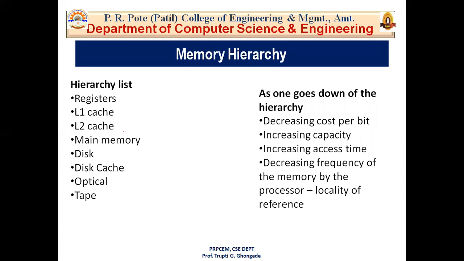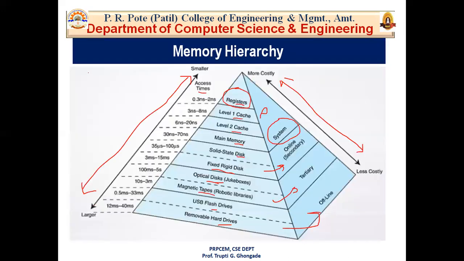Then the third one is main memory, then disks, then disk cache, optical discs, and magnetic tape. So if we go down from top to bottom, your cost reduces, but access time and capacity increase.